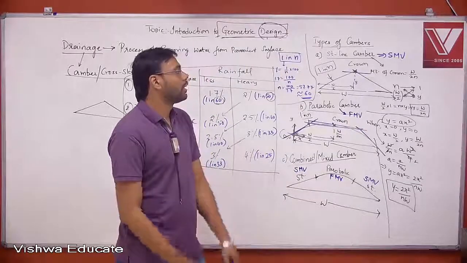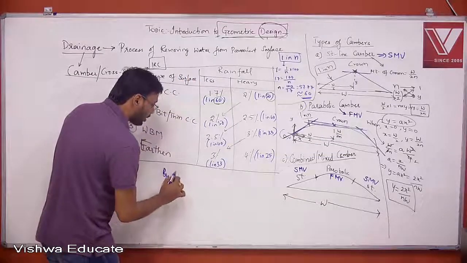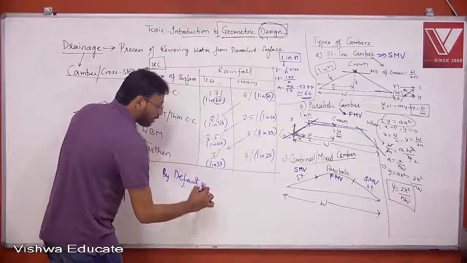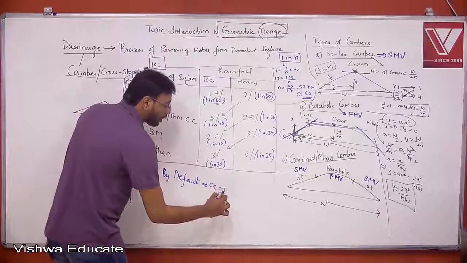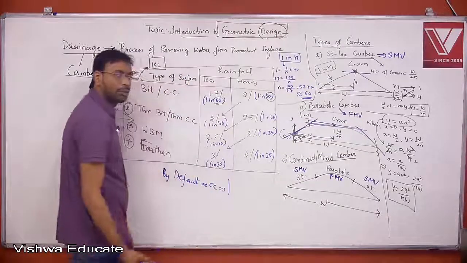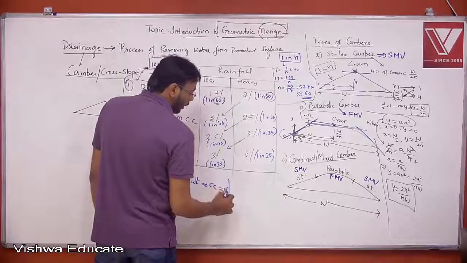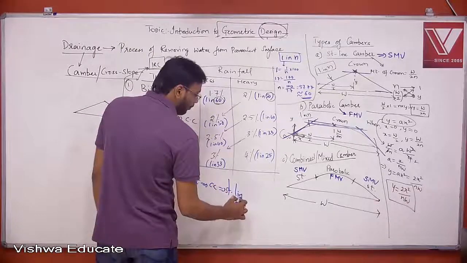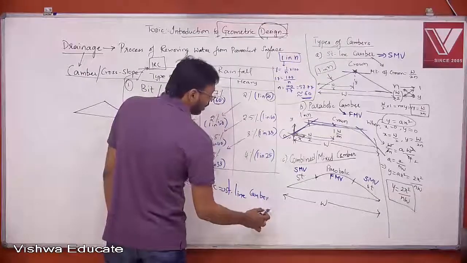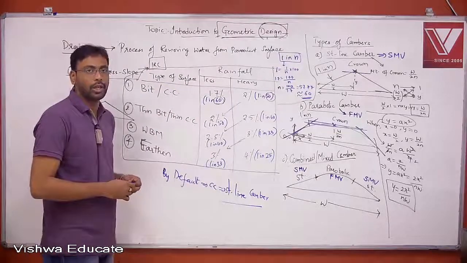And generally by default, a cement concrete pavement is constructed with the straight line camber only. So by default, if I say cement concrete pavement, that means I'm talking about straight line camber only, right?